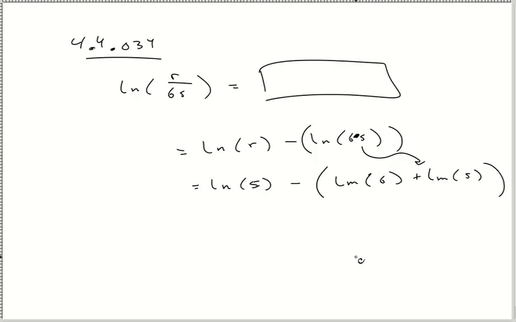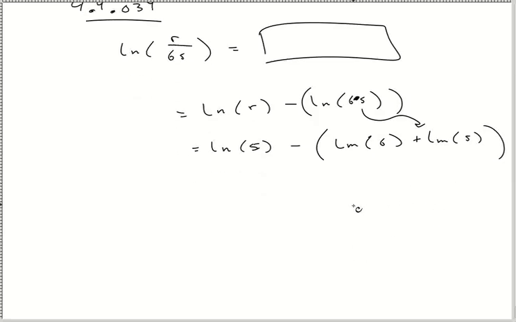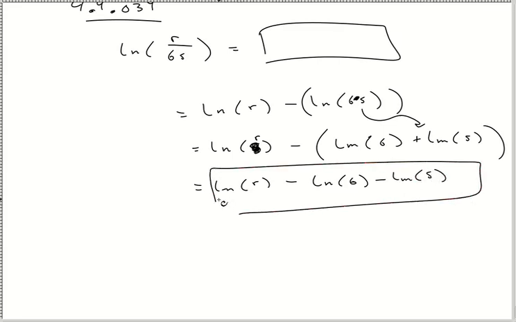I'm just replacing the ln with something bigger. Well, that minus sign would distribute, obviously. So why did I put a 5 here? I don't know what I was doing. That's an r. ln of r. Sorry about that. That's an r. ln of r minus ln of 6. And then minus ln of s. Okay. There we go.